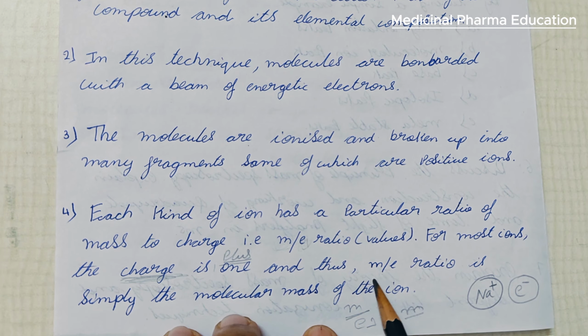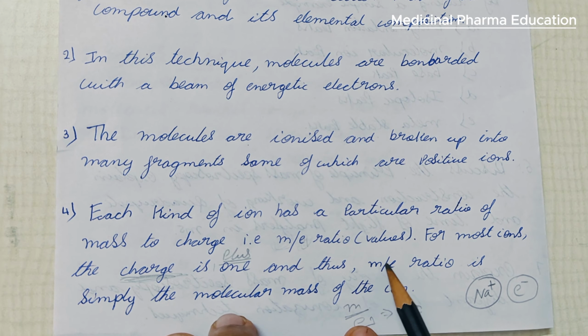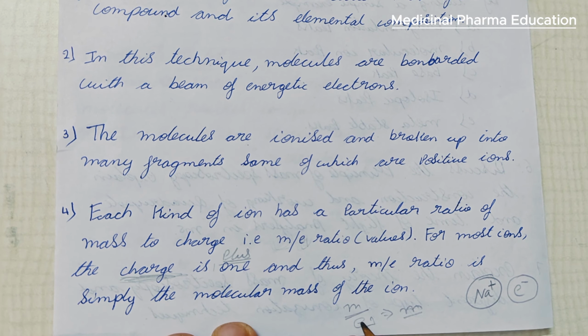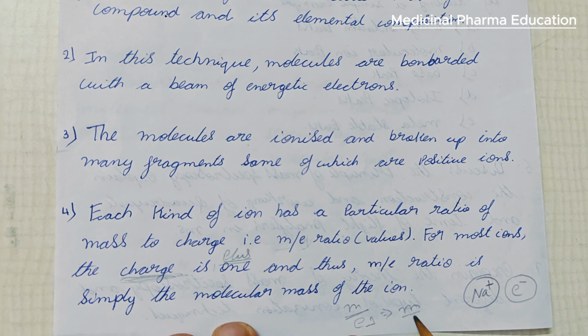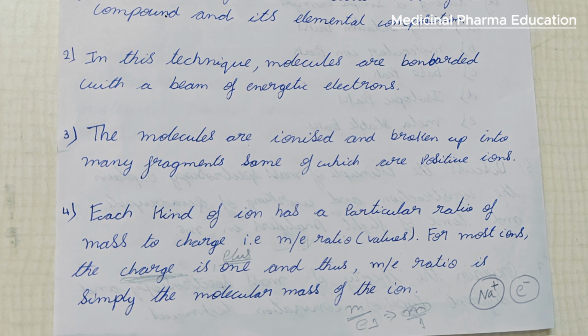That's what it is telling. The mass to charge ratio is simply the molecular mass of the ion. We just say mass to charge ratio, but it is simply the molecular mass because the charge is 1, right? Mass divided by 1 is m itself. That's the principle involved in mass spectroscopy. I think you have understood.